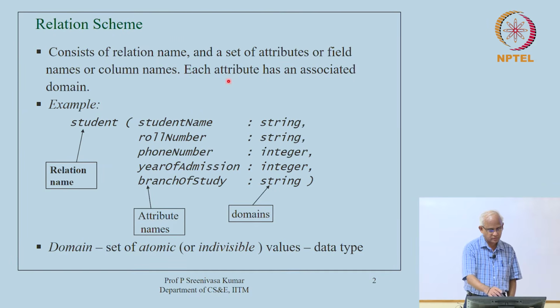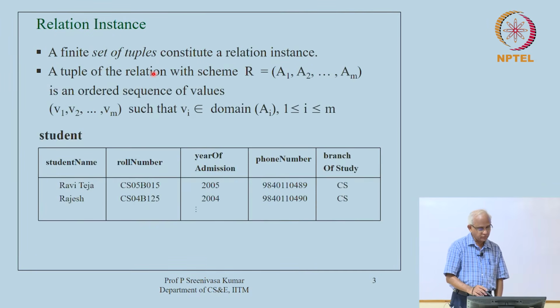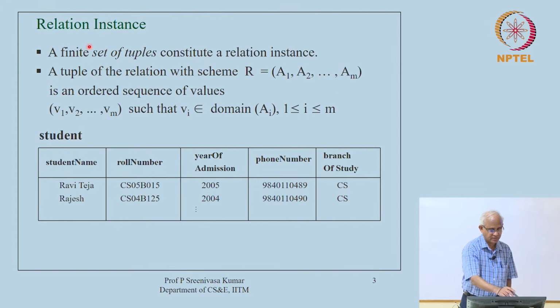Good. So that is what a relation scheme is about, and then we have the relation instance, a finite set of tuples. Suppose we have a scheme like this, R with A1 through Am, which are all attribute names.